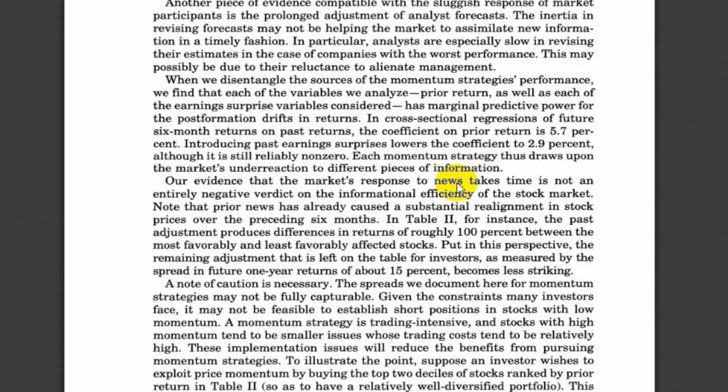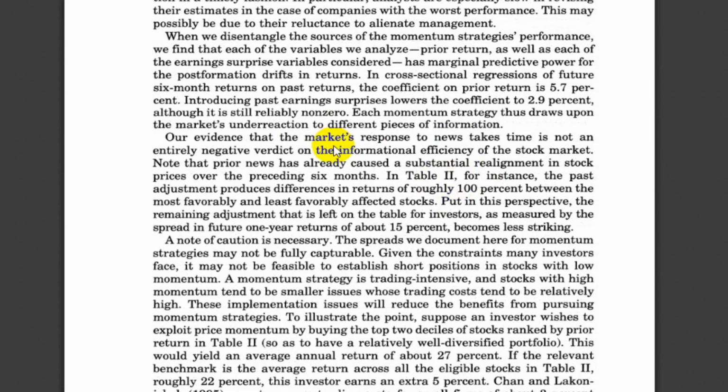And the authors point out that they're not claiming complete informational inefficiency of the stock market because looking at the prior 6 months returns, which were used to rank the stocks, the stock prices were somewhat adjusted to the new information, but not fully.